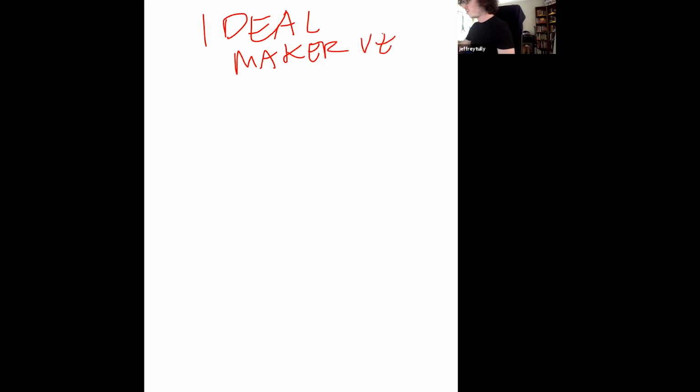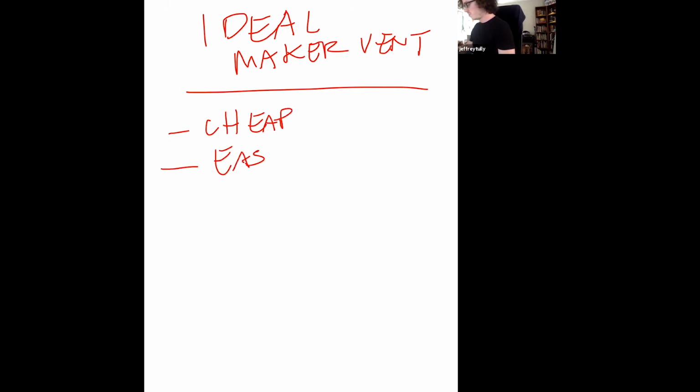So talking about all of that, in my opinion, again, this is just my thoughts, not necessarily suggestions or recommendations, the ideal make-or-vent would obviously be cheap. It would be easy to use. It would be portable.